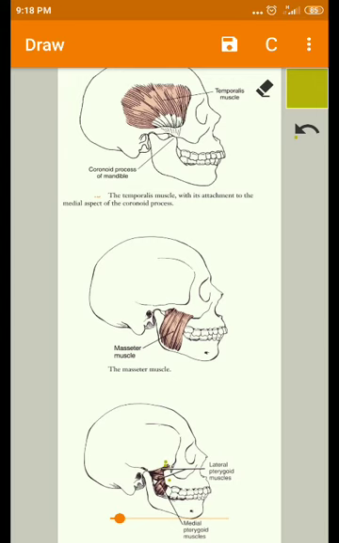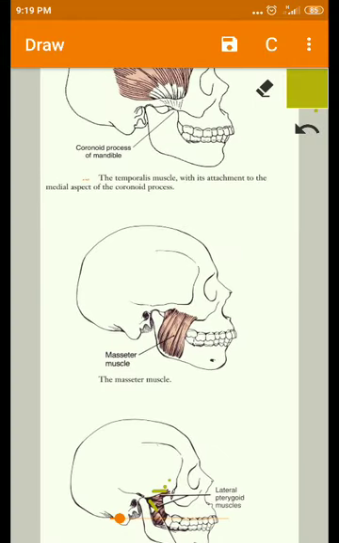These two fibers travel in a horizontal direction, and posteriorly they combine and are attached to the neck of the mandible. Not only the neck of the mandible, it is also attached to the articular disc that you people know.